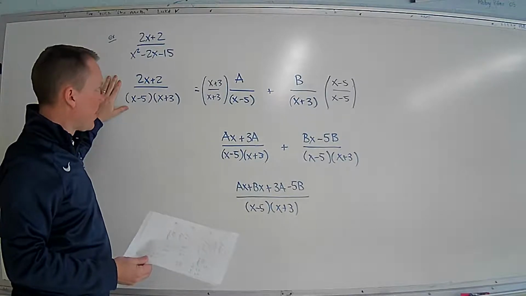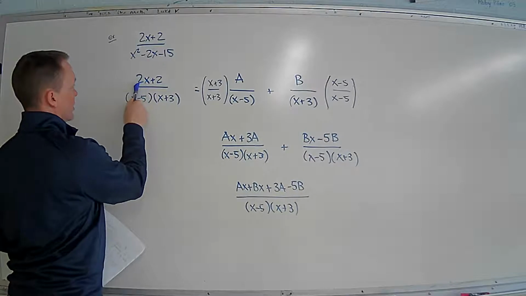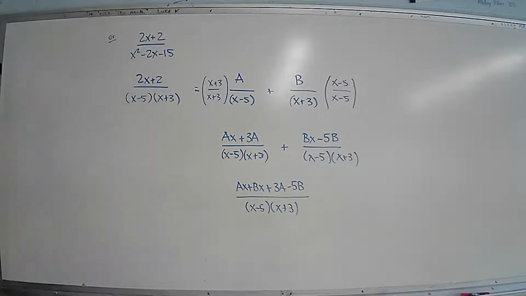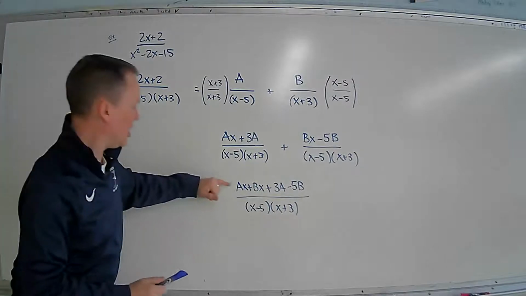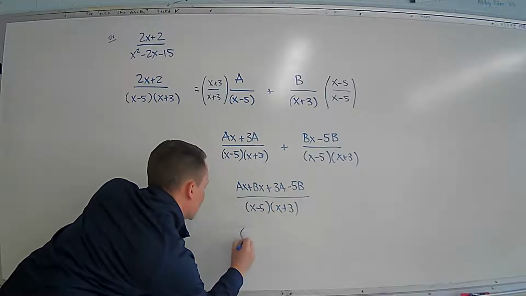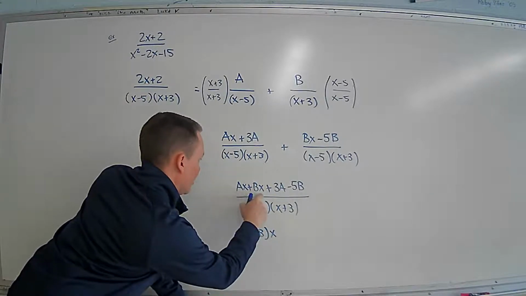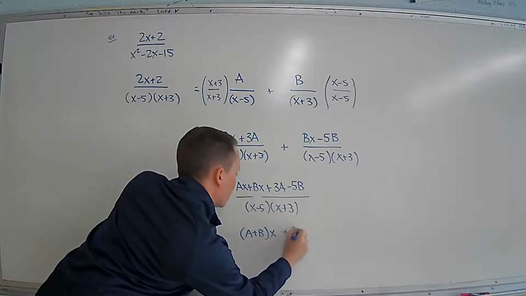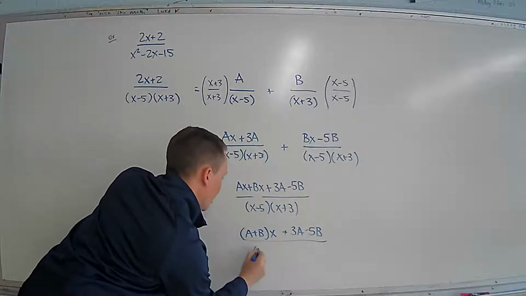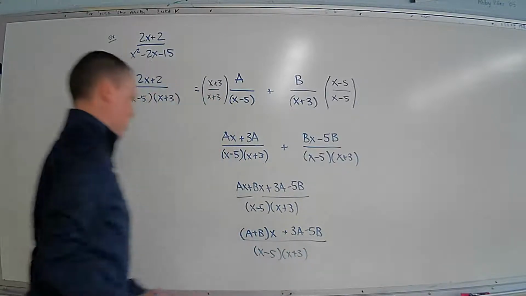Okay? So you can see this original starting fraction has a coefficient on x. It's 2. And then it has a constant, which is also 2. So what I'm going to do is organize this numerator right here. I'm going to say this is the same thing as a plus b times x. I'm going to factor out the x there. And then plus 3a minus 5b over x minus 5 x plus 3.